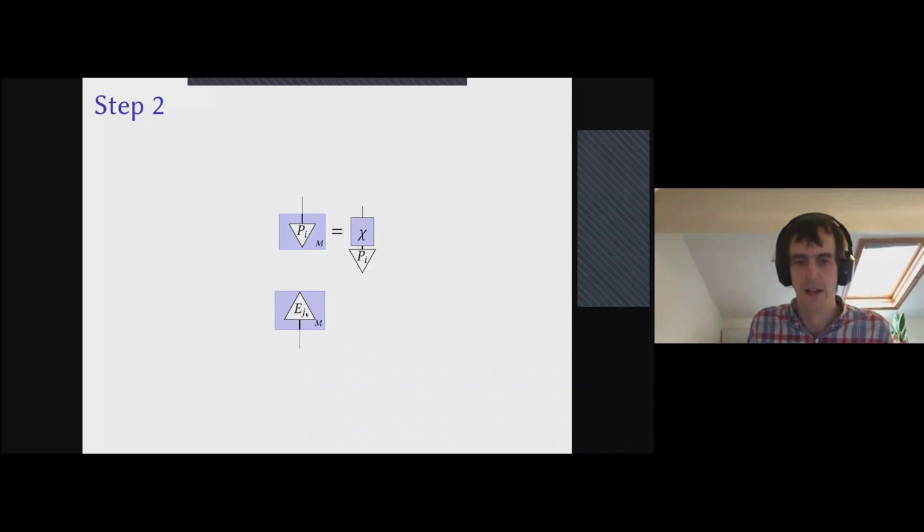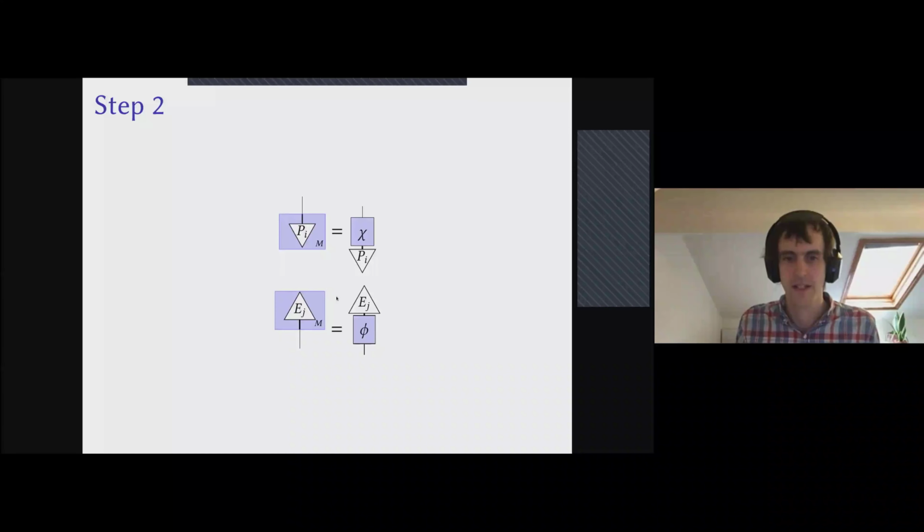And now for effects, we can do the same argument to say that this is also just some linear map that takes us from the effects to the probability of the effects given the ontic states. So I'm going to call that linear map phi.